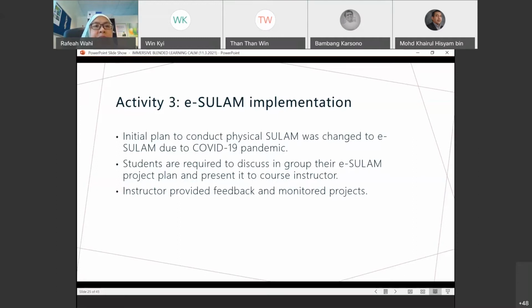So the students need to pitch their ideas to us first, and we'll see whether it is in sync with the criteria set for SULAM courses. All right, we give feedback and some questions to initiate thinking on how they can be more creative on their project, right?